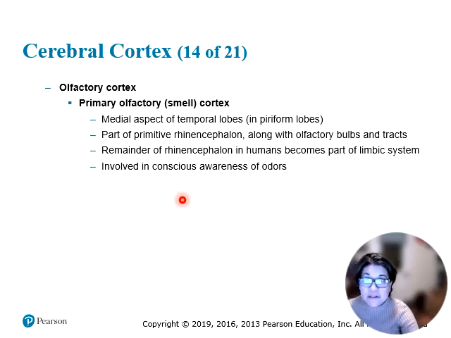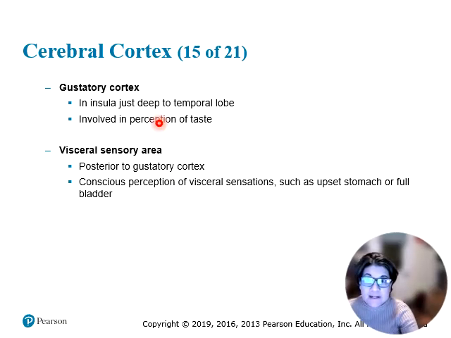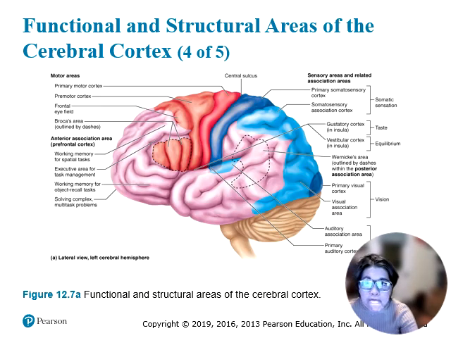And then olfactory is with smell. That's going to work with the olfactory bulbs and tracts. Gustatory is taste. And then visceral is like understanding what your feelings are that are happening inside your body, like upset stomach, bladder, some of those visceral feelings that we have.